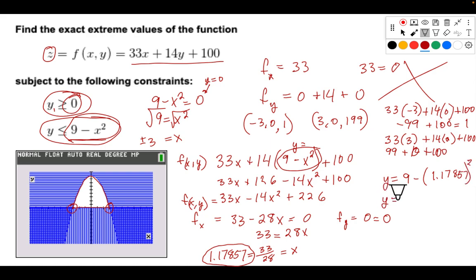So then our y answer is going to be 9 minus that thing squared. 9 minus, oops, this calculator doesn't work well. I should bring my other calculator. Oh well, I'll do this part first.